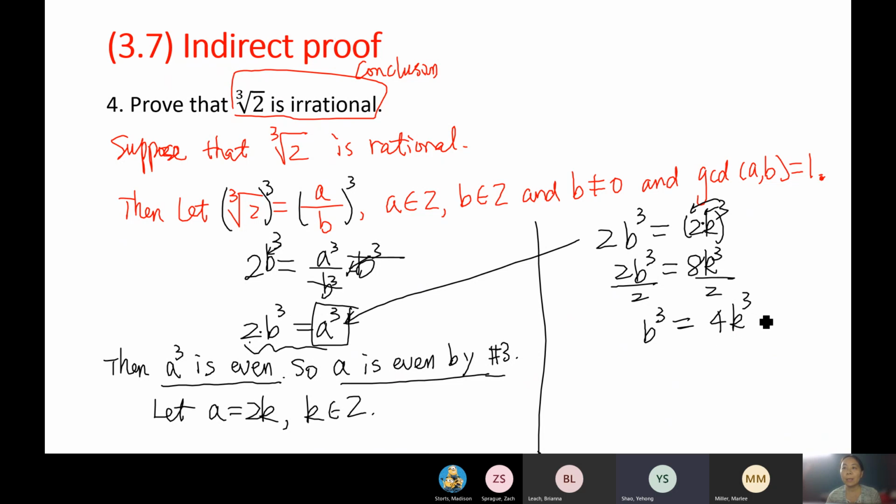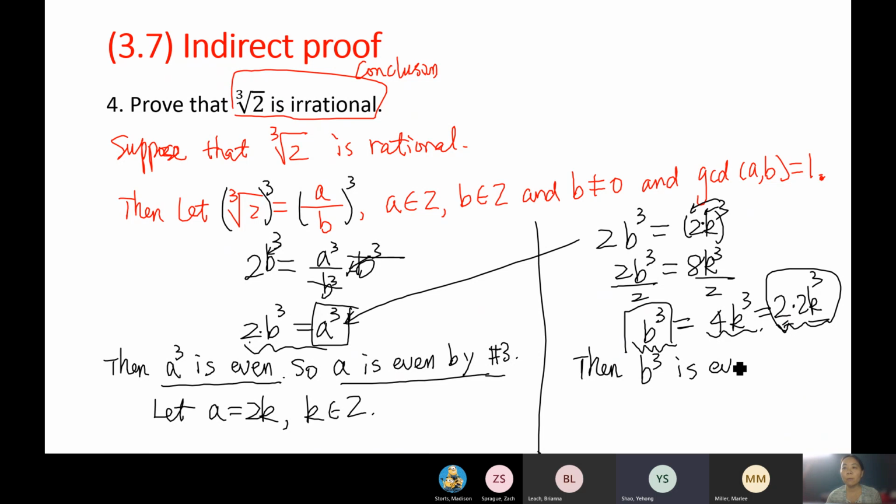Okay, apparently, this is even. Why? Because this is equal to 2 times 2k cubed, right? You probably don't need to show this, but this tells you 2 times an integer. That means it's even. Well, that tells us b cubed is even.